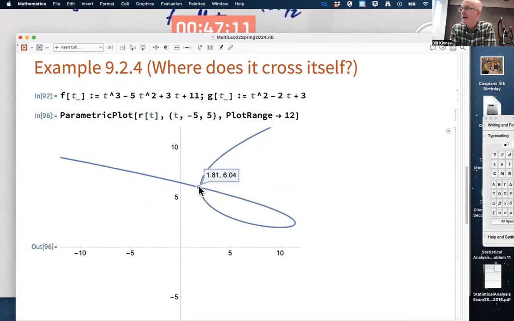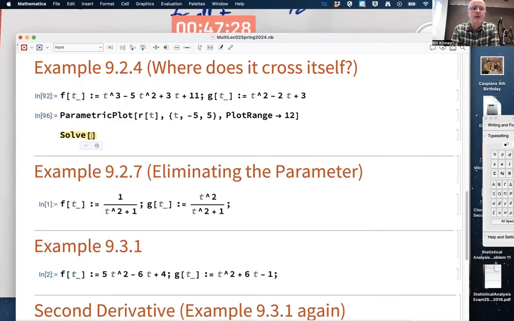The algebra is complicated, but the idea is not too bad. If it's going to cross itself like this, there are 2 separate times where it's at the same point, same xy coordinates. So effectively, you have to solve for where f of s equals f of t and g of s equals g of t.